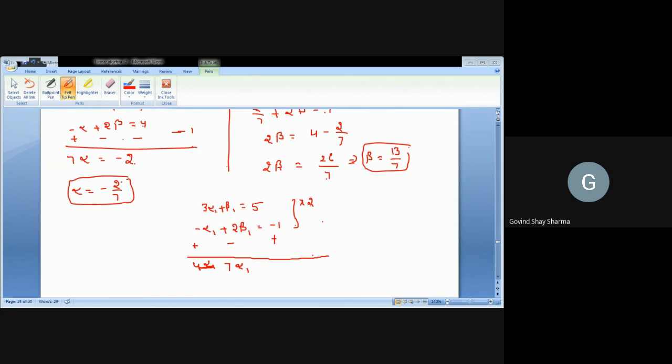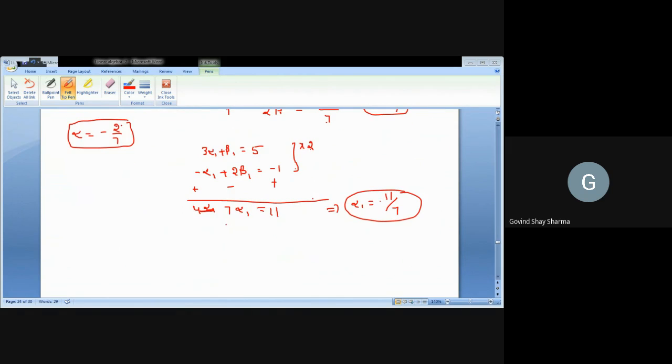This is cancelled, 10 plus 1 is 11. So alpha 1 is equal to 11 by 7, and for beta 1: minus 11 by 7 plus 2 beta 1 is equal to minus 1. So 2 beta 1 is equal to minus 1 plus 11 by 7, which is 4 by 7, so beta 1 is equal to 2 by 7.